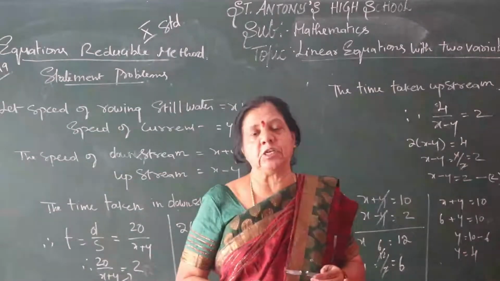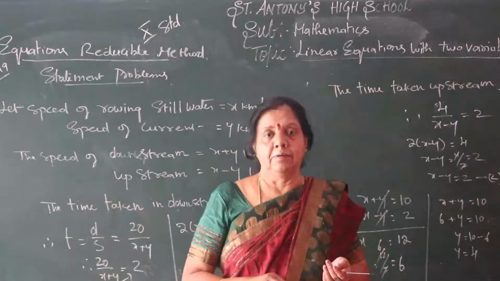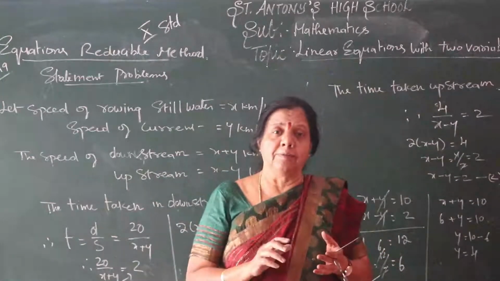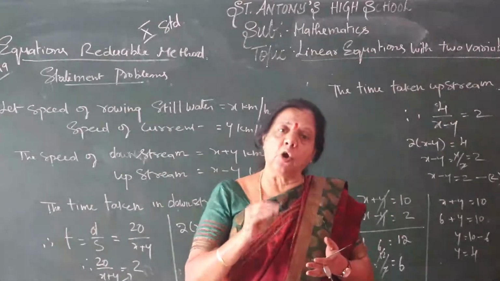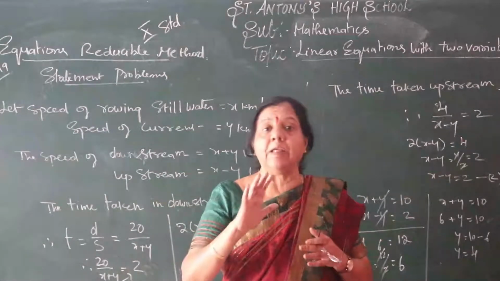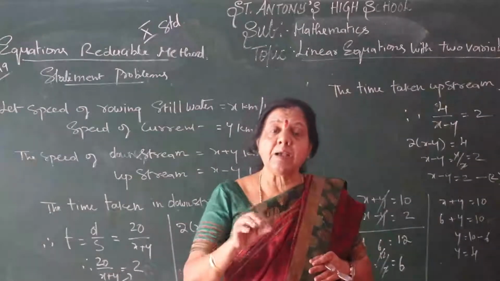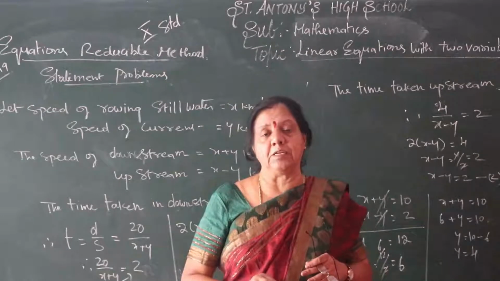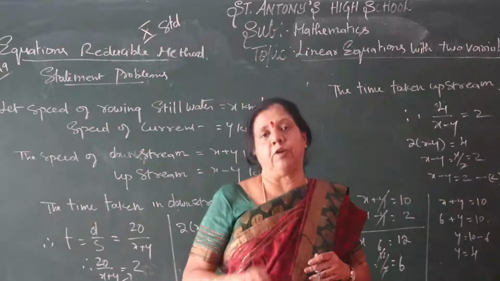In still water there is no temperature at all, children. Still water is always cold. Running water is never cold, you can have a bath also, because there is a little bit of temperature. That current speed and the rowing speed, both we have to find out.